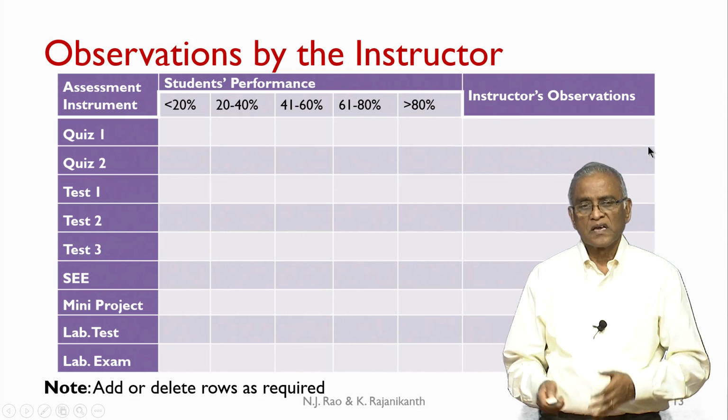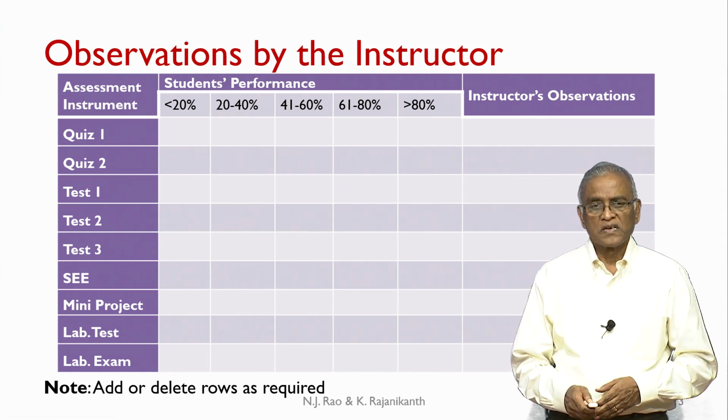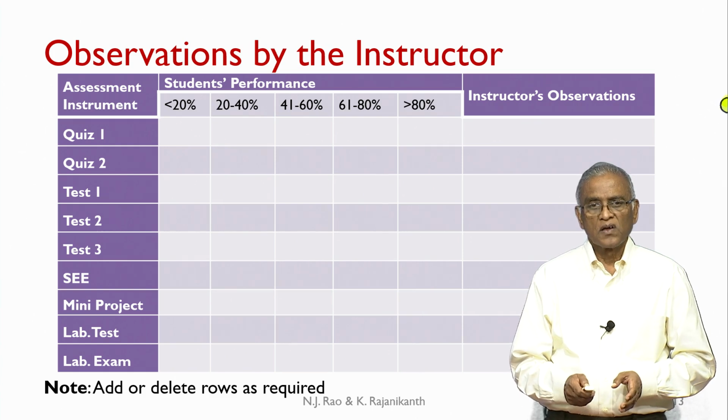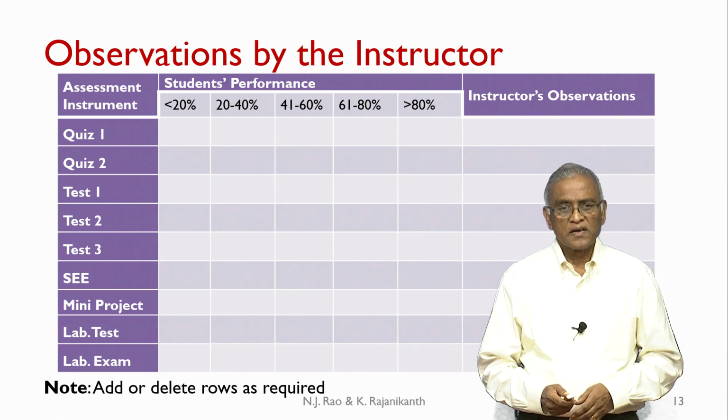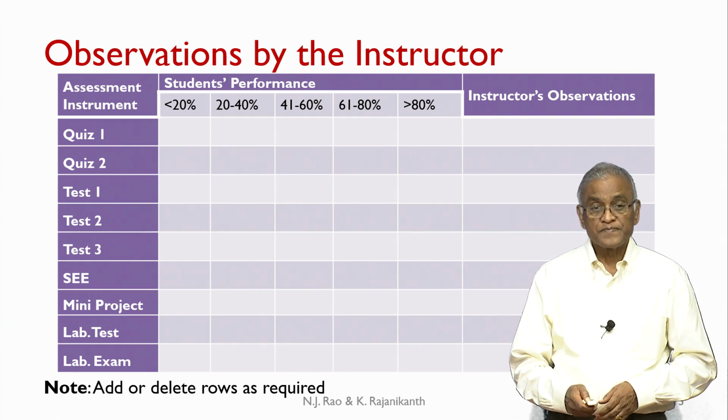For example, I can say the paper had been very easy, that is why you get a larger number of students performing at greater than 80%, something like that. Once again, you can add or delete rows as required.